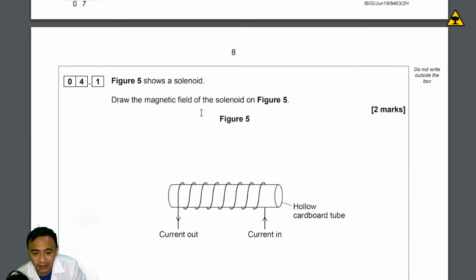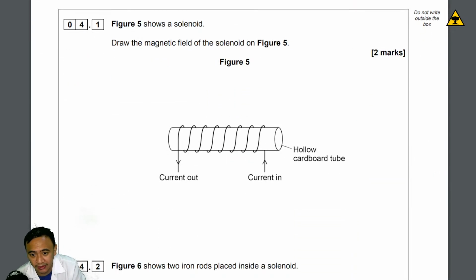Okay, so let's take a look here at the solenoid. Figure 5 shows a solenoid. First of all, draw the magnetic field on this solenoid.